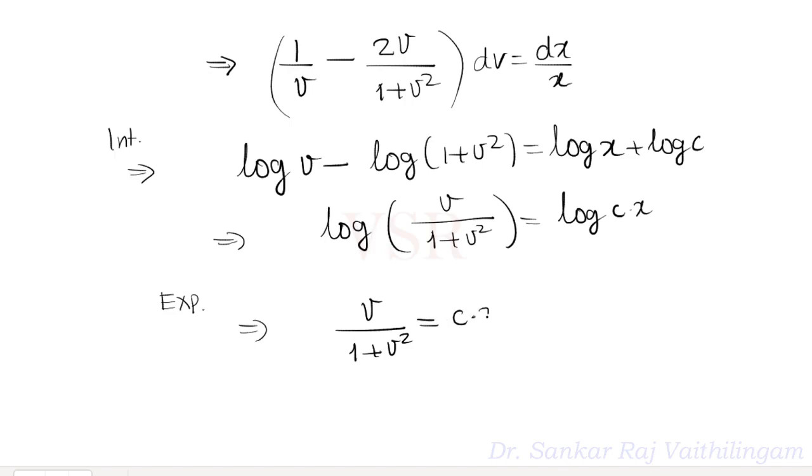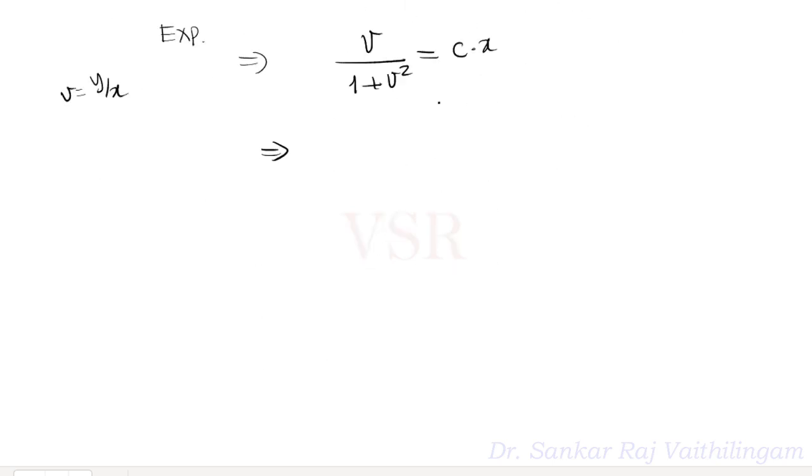Now instead of v, what do I put? y by x. So this implies that on top I put y by x, and below it is 1 plus y square by x square. So putting x square over x square, we will have x square plus y square divided by x square, which is equal to c times x.